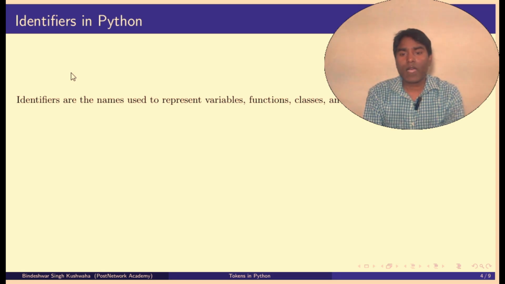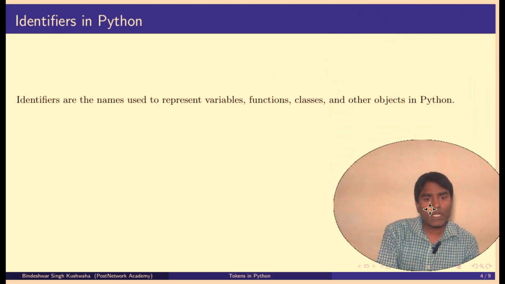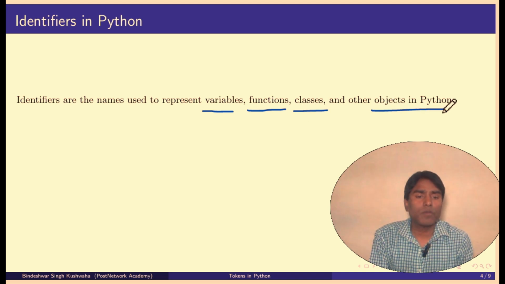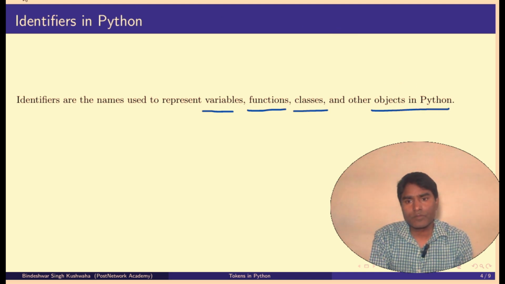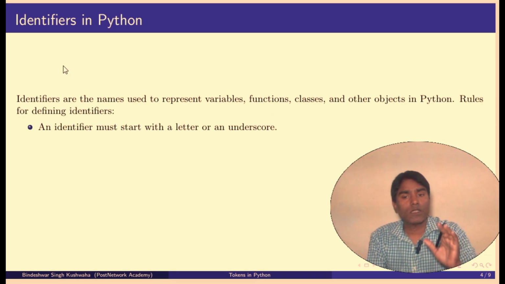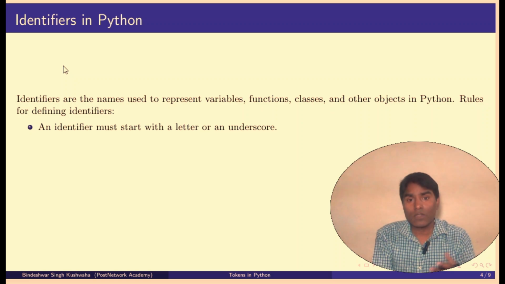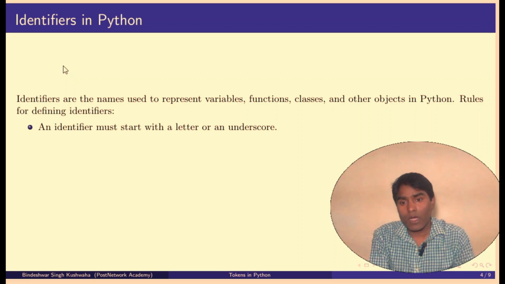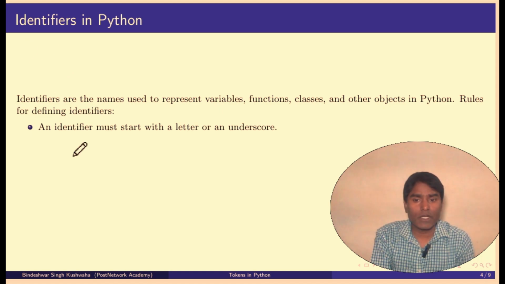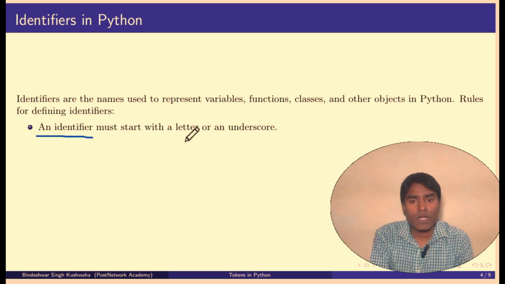Let us see identifiers. Identifiers are used to give names to variables, functions, classes, and other objects in Python. There are some rules if you want to use an identifier. An identifier must start with a letter or underscore.